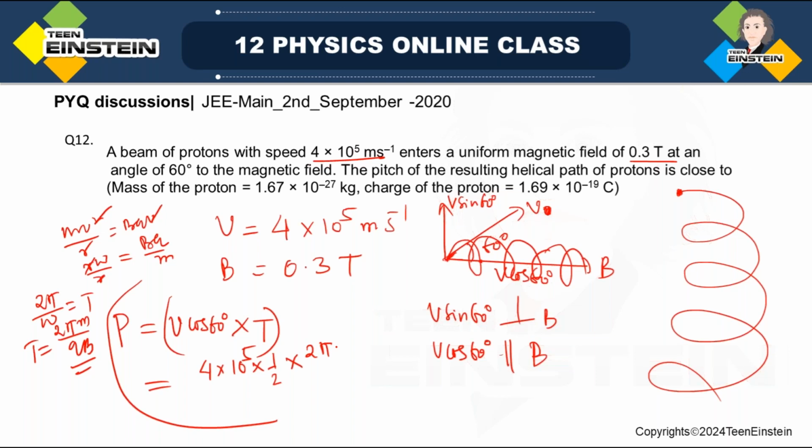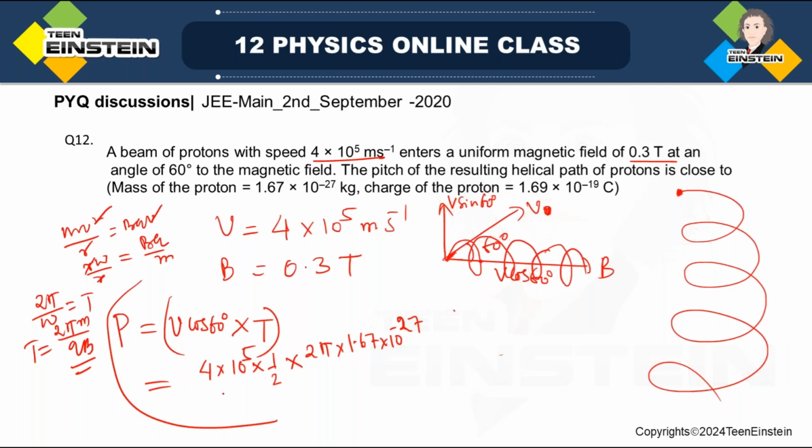2 pi m, where m is the mass of the proton, which is given: 1.67 into 10 to the power minus 27. Let me do the calculation here itself, I don't have space.